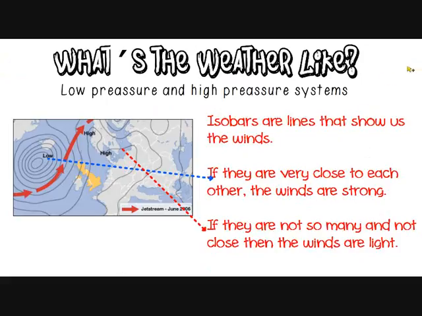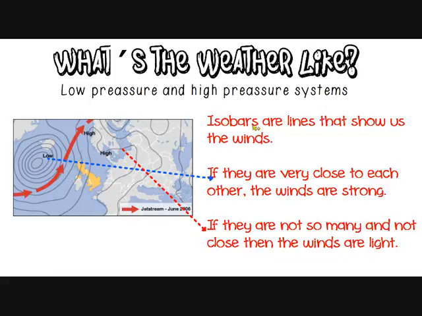Okay, the weather forecast also shows us sometimes these maps where we see a lot of lines. Like these ones. One line, another line, circles, one on top of the other. What is this? Well, these lines are called isobars. The isobars tell us about the wind.